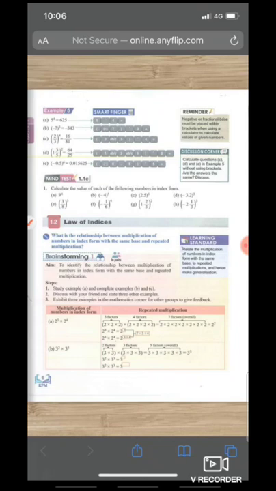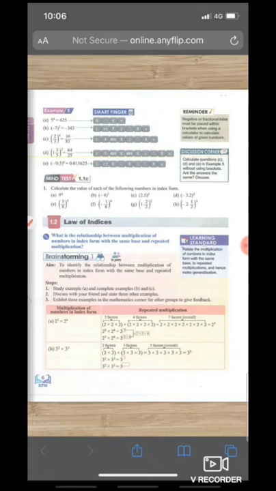We can say that 2 to the power of 3 is equal to 2 times 2 times 2. Then 2 to the power of 4 is also the same, 2 times 2 times 2 times 2.